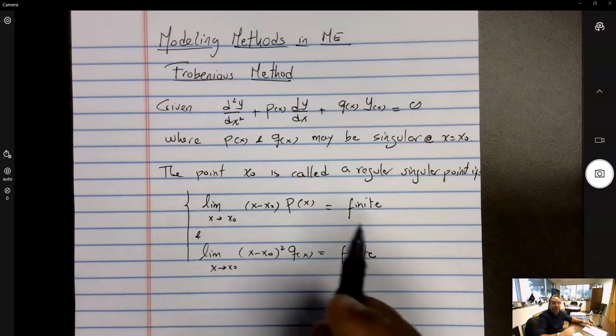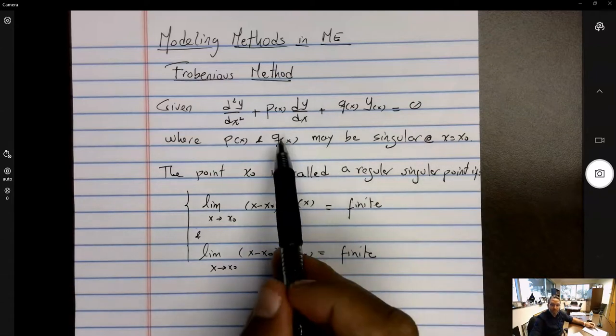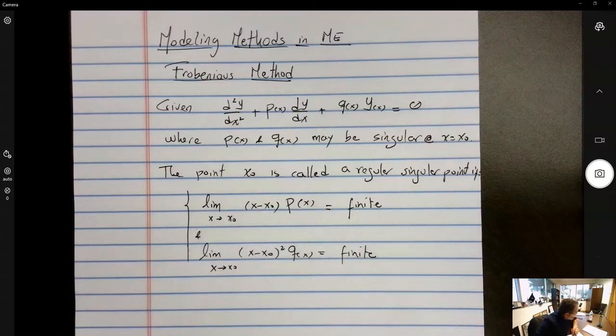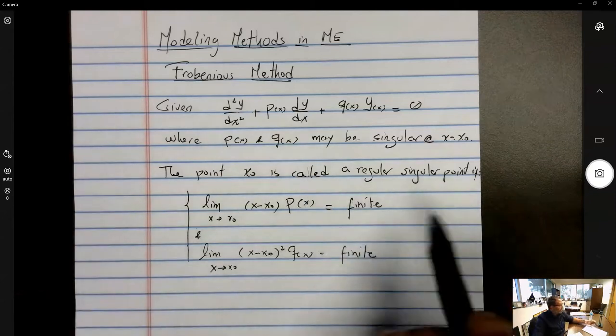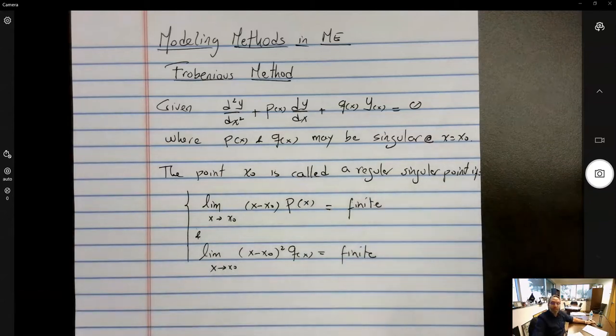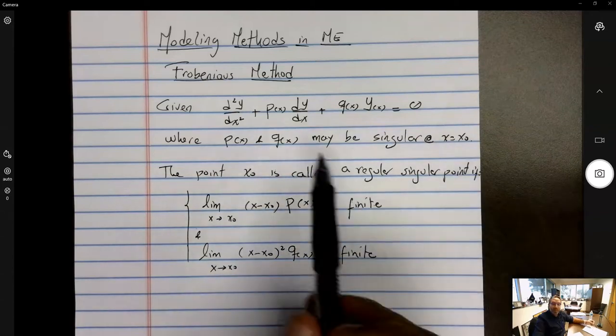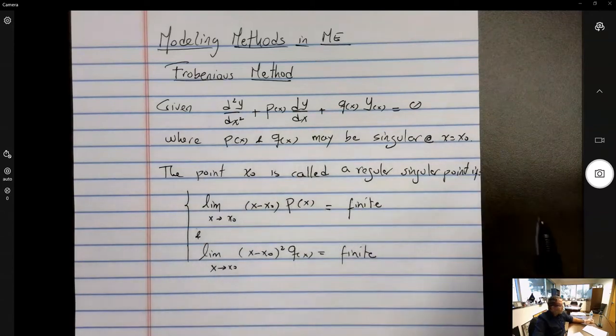So if one of these happens to be singular, and you multiply the first one by a first order polynomial and the second one by a second order polynomial, and you remove that singularity, then this is known as a regular singular point. Notice that not both of them need to be singular. As long as one of them is singular and you can remove the singularity that way, then it works.